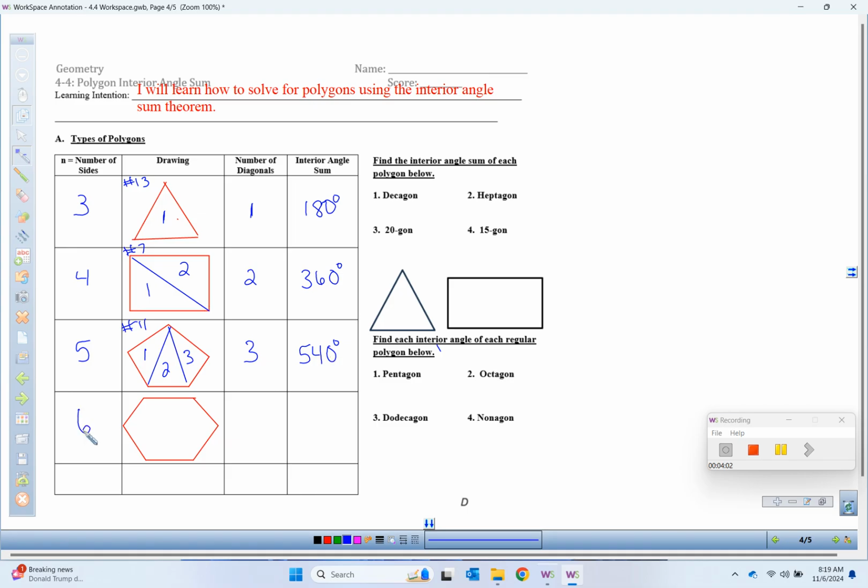The next one we're going to look at is 6-sided, or a hexagon. This is going to be number 14 on your geometers.